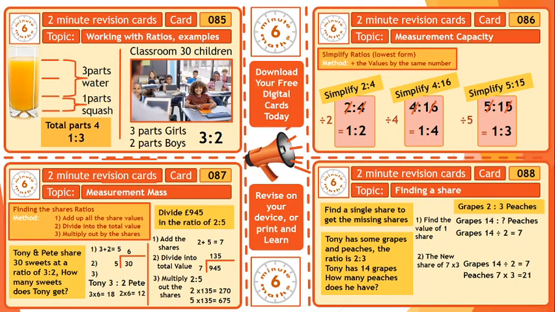So we add up the shares. 2 and the 5 equals 7. And then we take that 945 and divide it by the total value of 7 shares. 945, which is the total value, divided by the total shares of 7, gives us an answer of 135. So now we multiply out. The first value, which is 2 lots of the shares, is 2 times 135, gives us an answer of 270.